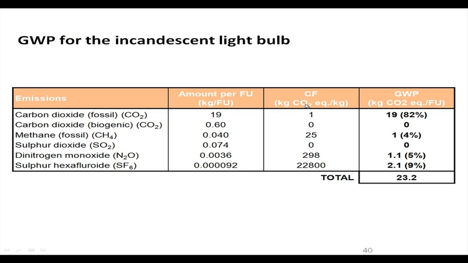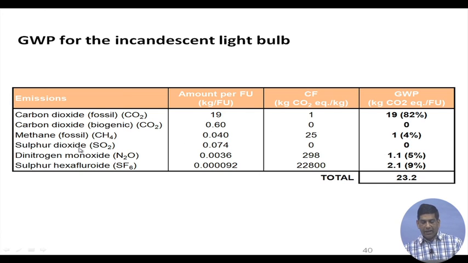So that's why the conversion factor, in the third column of the second table on this particular slide, you have 0 for them. We don't take any impact associated with biogenic CO2 in terms of its greenhouse gas potential. So that's why you see a 0, and then you multiply 0.6 by 0, it gives you a 0.